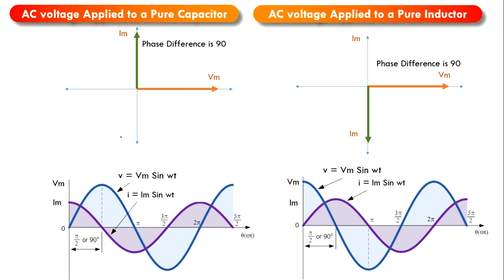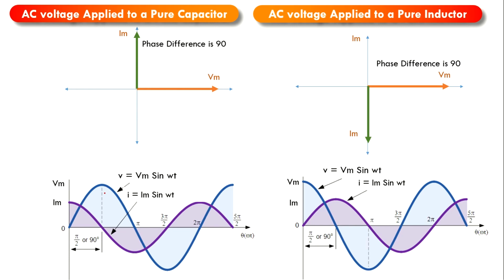If we plot this in a vector diagram, the phasor diagram, we take the x-axis as voltage, that is Vm, with respect to the capacitor. Similarly, current comes on the y-axis like this. How to remember this?